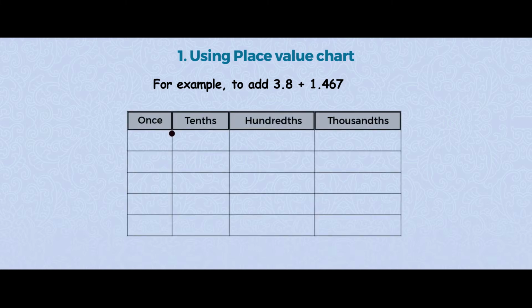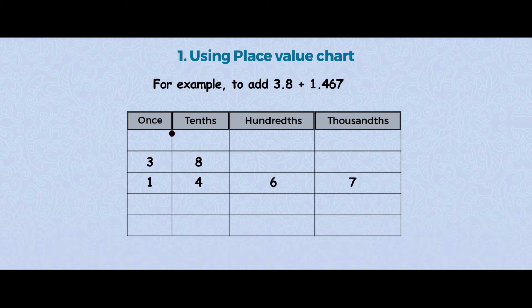So please, this time, join with me to do together. Let's do it together, right? Okay, the first addend, 3.8. So 3 comes under ones, 8 under tenth. Now the next addend, 1 comes under ones, 4 comes under tenth, 6 comes under hundredth, and 7 under thousandth.